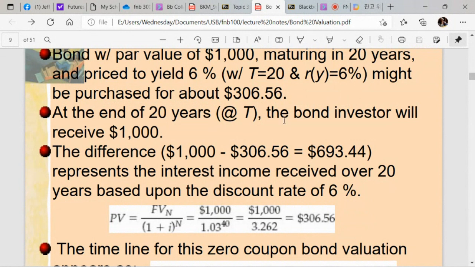If the market price is lower than this, that's a good deal for you. If the market price is higher than this, then the market has overpriced this bond, which is a bad deal for you. So intrinsic value, rational price, fair value are at the opposite end of the market price.